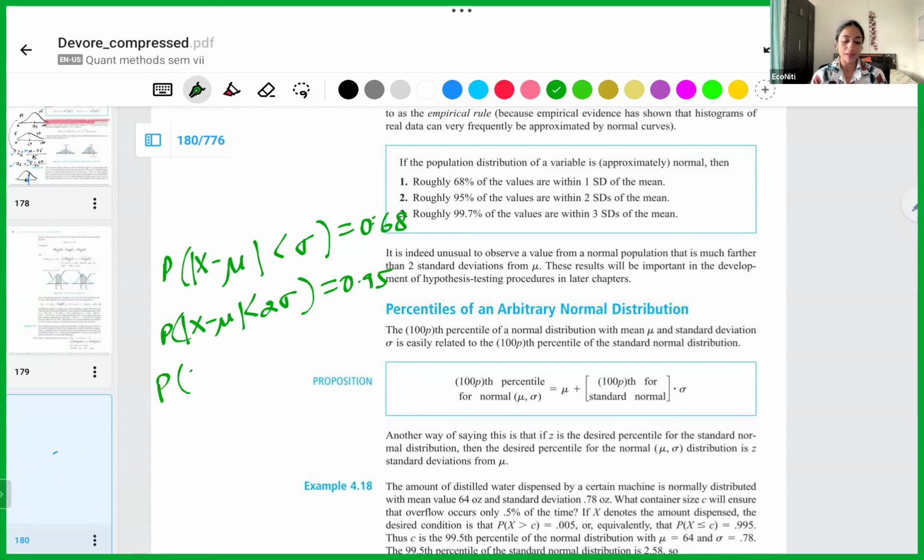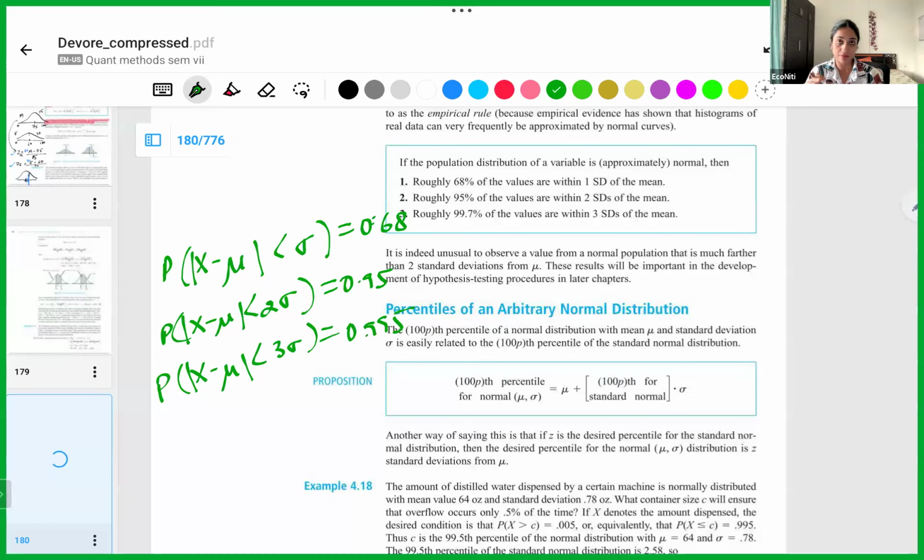And the probability that values lie within 3 standard deviations is 0.995. Almost all the values will lie within 3 standard deviations, -4 and 8. Cool. So this is the power of the normal and the standard normal.